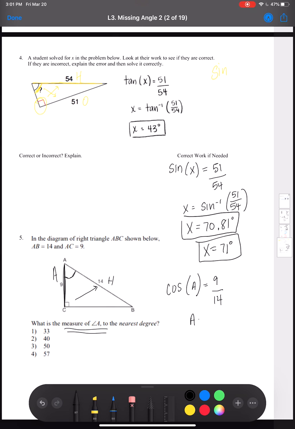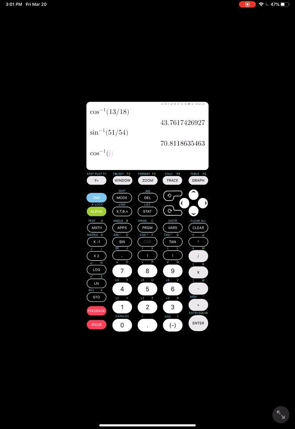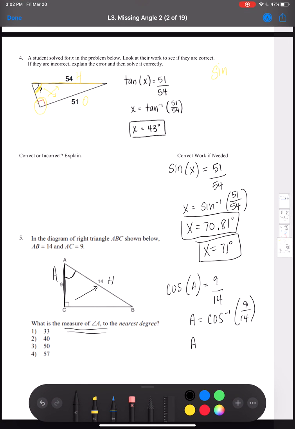So A is equal to inverse cosine of 9 divided by 14. Go to our calculator. Inverse cosine 9 divided by 14. That's 49.99. So to the nearest degree is going to be 50 degrees. So the measure of angle A is choice 3, 50 degrees.